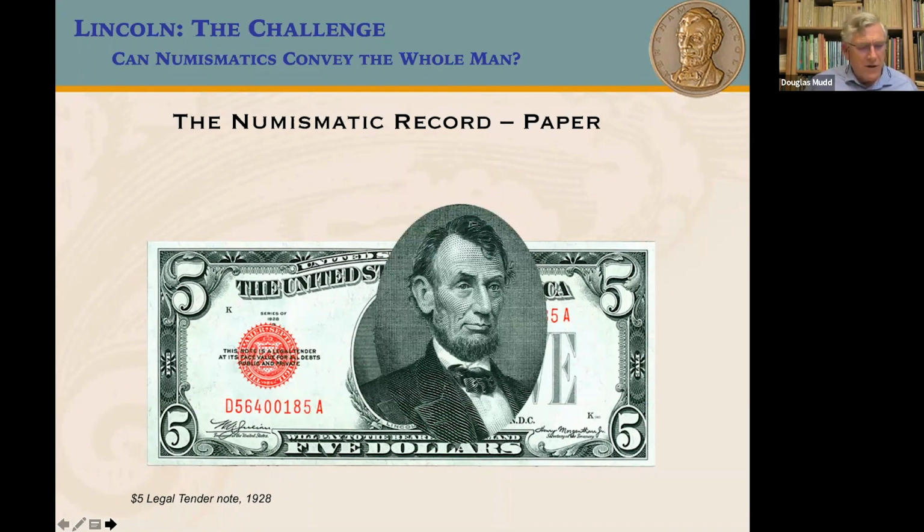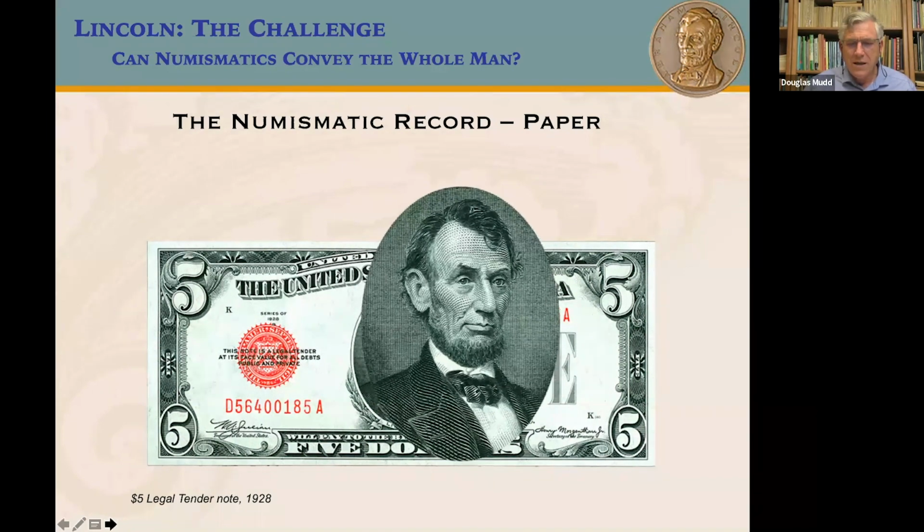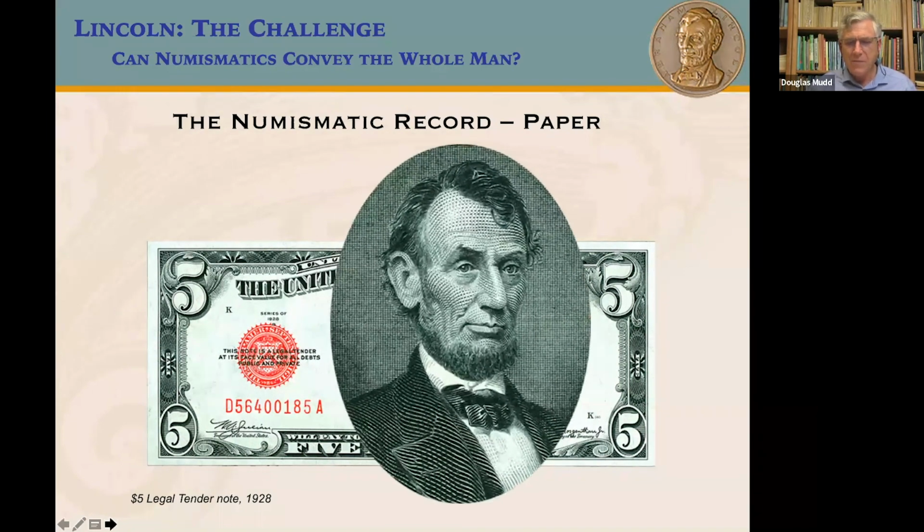Then we get to the $5 legal tender note of 1928. And here, in part because of how his head is held, but also the engraving, it's a modification of the previous one where the humanity and the incipient humor, I would call it, is more emphasized, and he looks like a guy that you'd want to come up to and talk to.